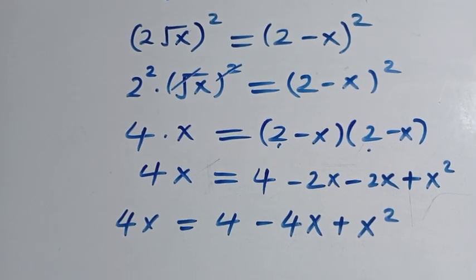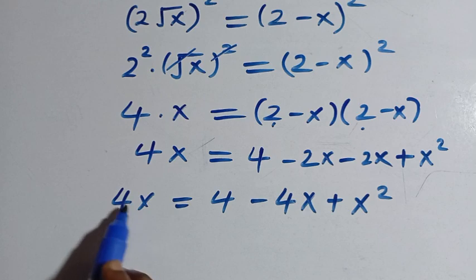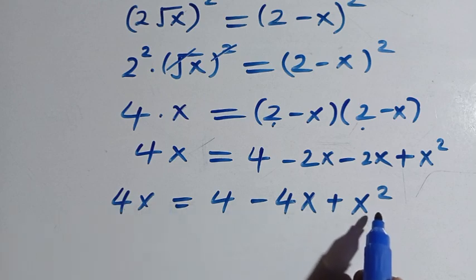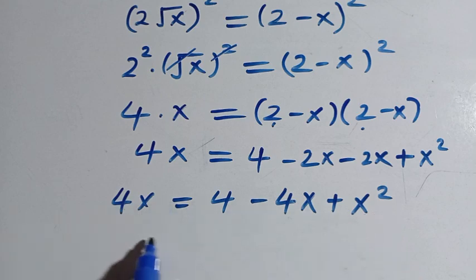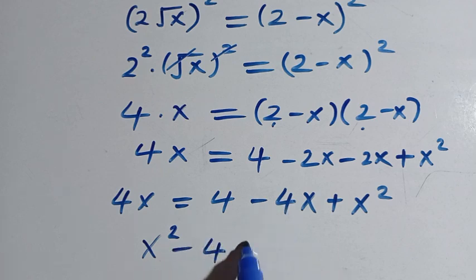So having this of this form, let's try to collect the like terms. By transferring this one to this side, it means we start this equation with x squared. Here we have x squared, it follows minus 4x, and here is plus 4.